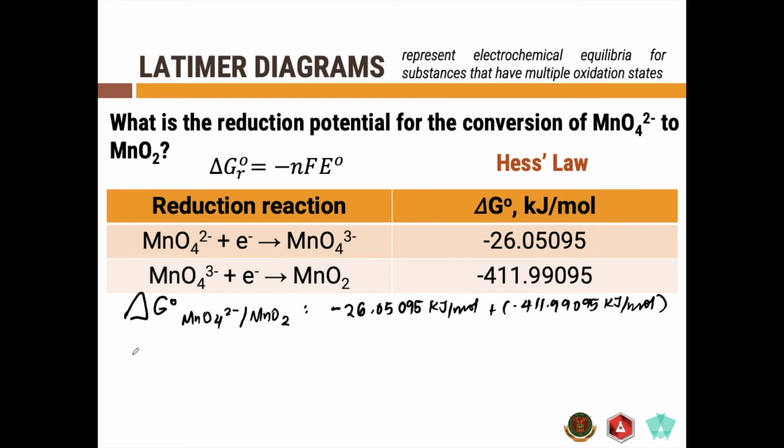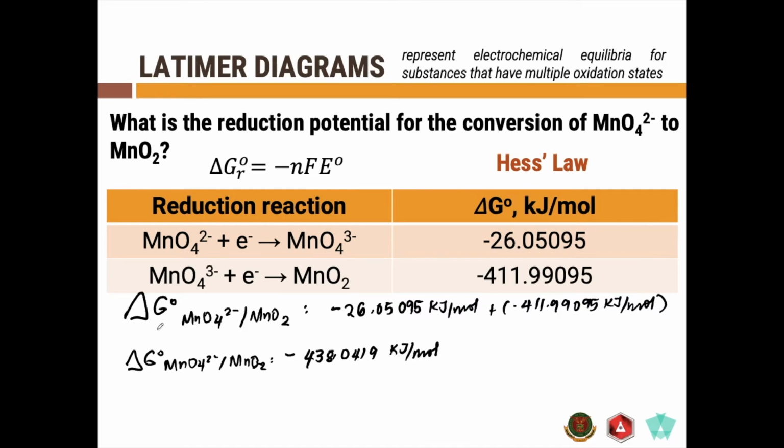So this should give you a delta G for the MnO4 2 minus to MnO2 conversion equal to negative 438.0419 kilojoules per mole.